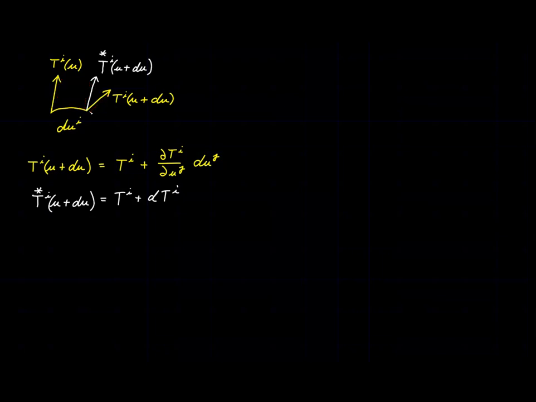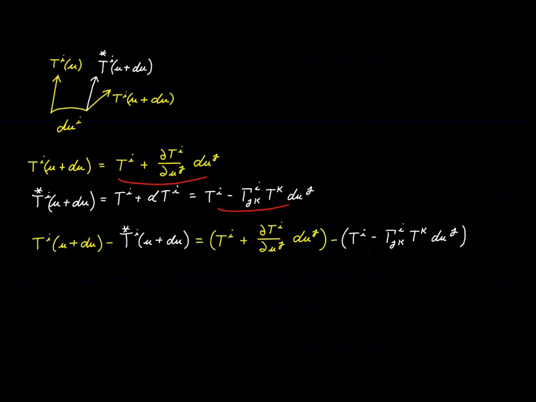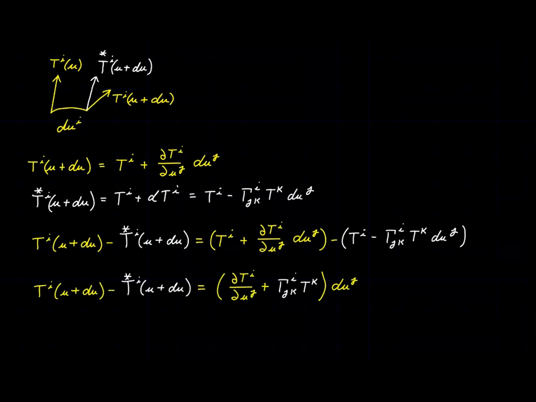Okay, we'll expand this out using our expression for the parallel transport. And now we're going to consider the difference between these two results. We're going to take this result and subtract this one. Okay, well now we can simplify this expression, and what we get looks like this. And you should recognize this immediately as the covariant derivative. This gives us a new intrinsic perspective for the covariant derivative.